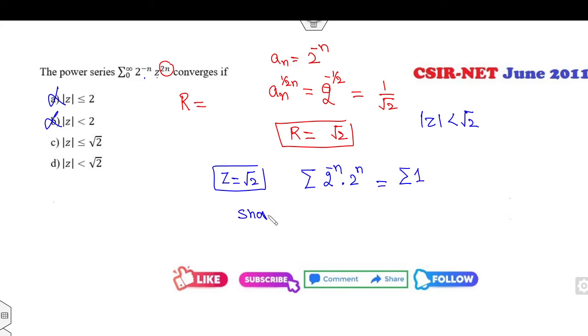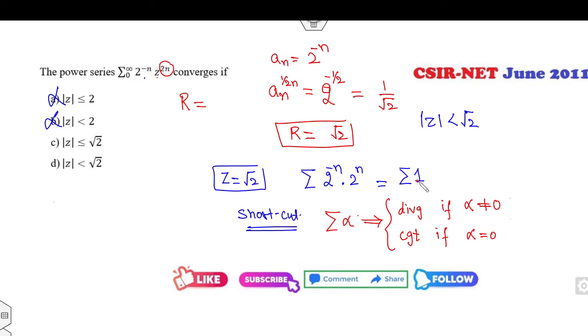So remember always, the shortcut trick, as I told you in my previous lecture: if you have the constant series alpha, this series is divergent if alpha is non-zero, and convergent if alpha is equal to 0. Now you can see that alpha is 1, which is non-zero, so at root 2 this is divergent. So that means equality is not there. Right option is only D. This is the first method.